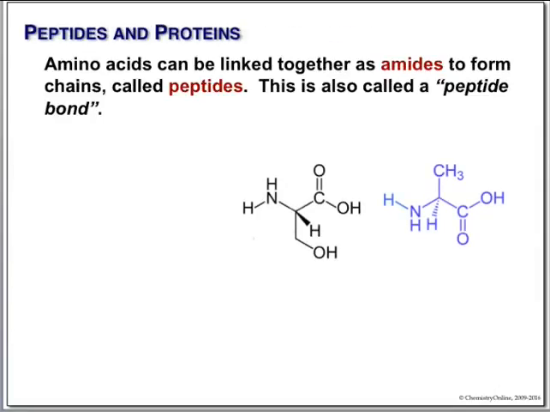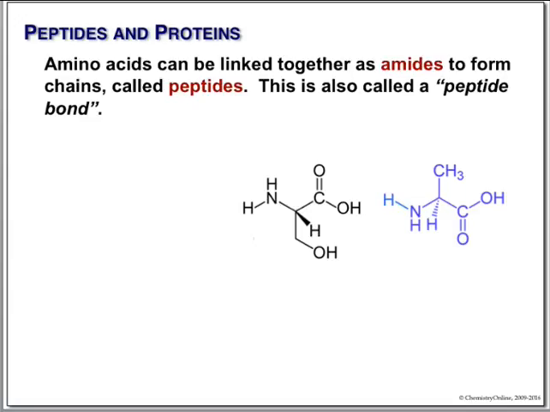Let's take two amino acids. Okay? So in your body, you have amino acids. To make a protein, you need to take amino acids and put them together. What we're going to do is take the acid group here, the amino group here, and we're going to link them. This nitrogen is going to come bonded here.